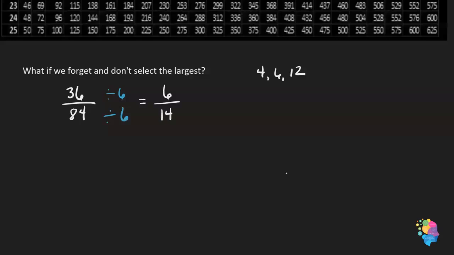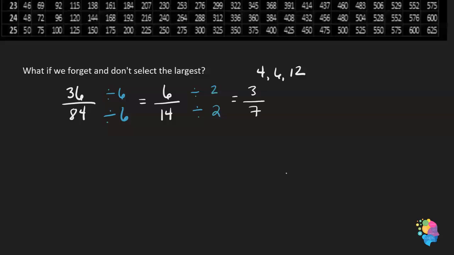What happens is that this is not completely simplified, and the reason for that is because, if you notice, 6 and 14 can be simplified again by 2. So you're going to have to simplify more than once until you find that there is nothing else to simplify. In this case, I'm going to have to simplify by 2, and that's going to give me 3 over 7.